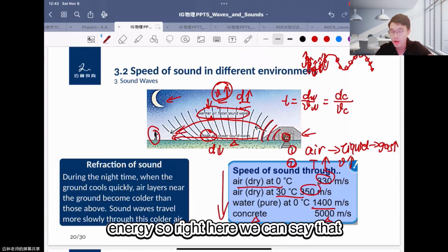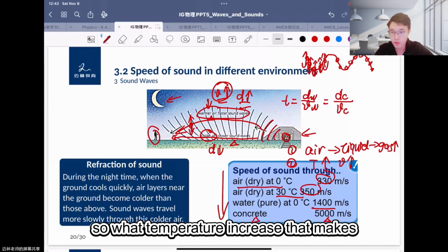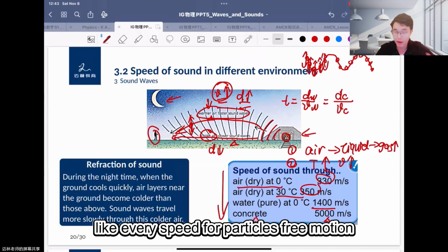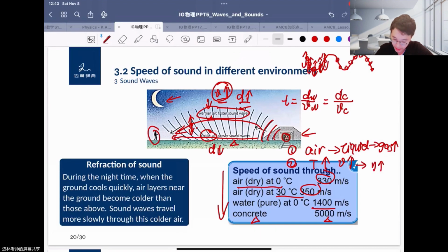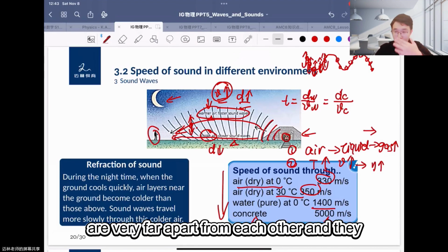So right here, we can say that temperature increase makes the vibrating speed, or the average speed of particle motion, increase, right? So it can have a higher efficiency, right? And also, in the air, the particles are very far apart from each other.